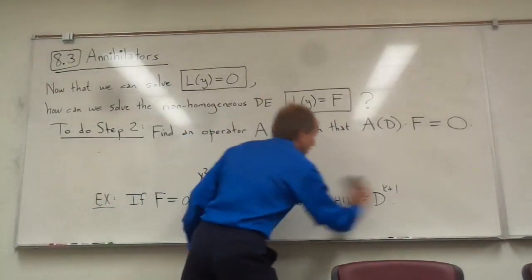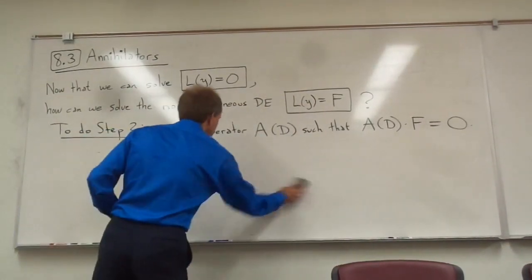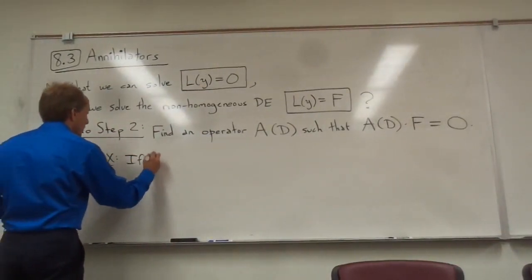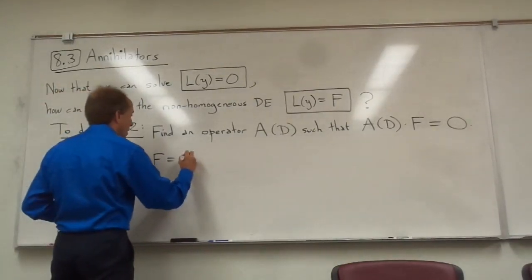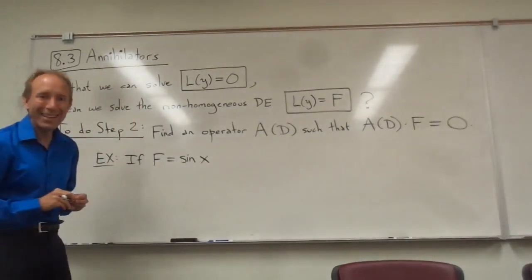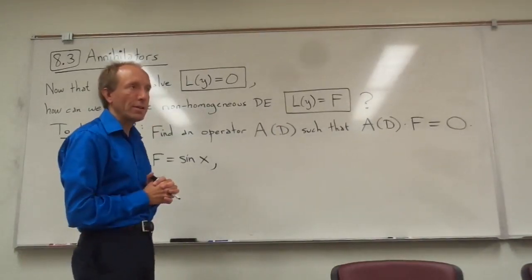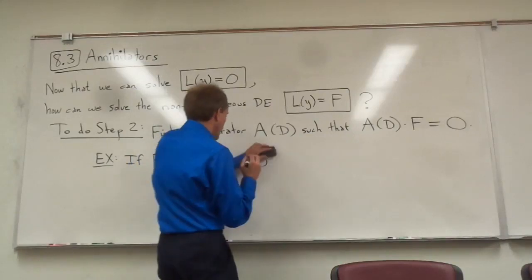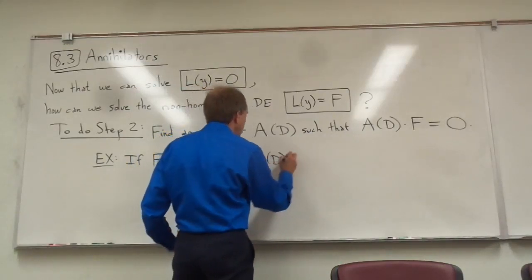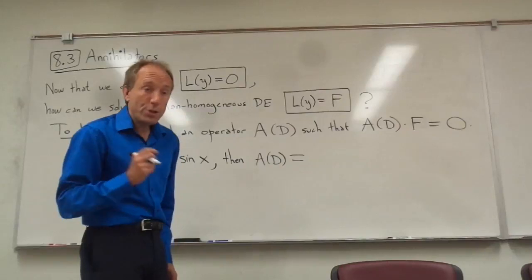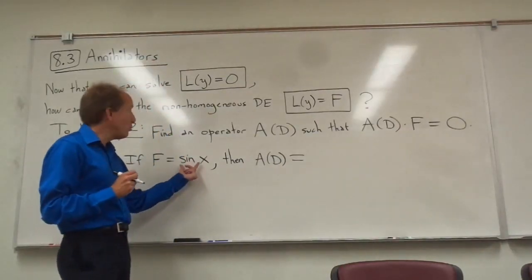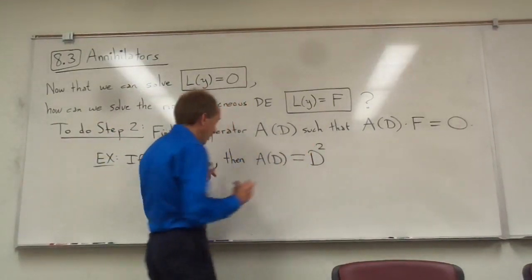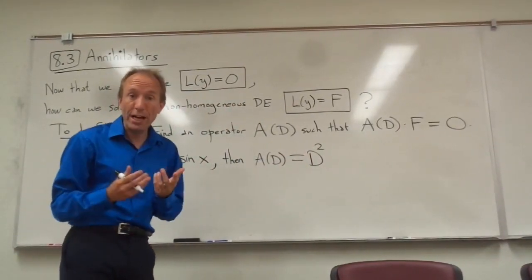Okay, let's take another example. What about if capital F is equal to the sine of x? Well, to annihilate that, the way that you can do that is, if you take 2 derivatives of the sine of x, you'll get negative sine of x.